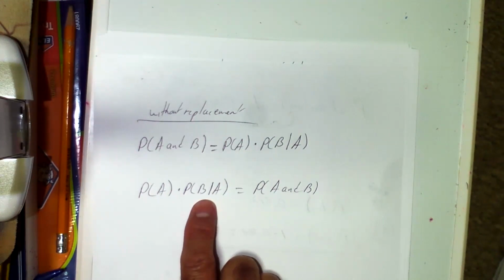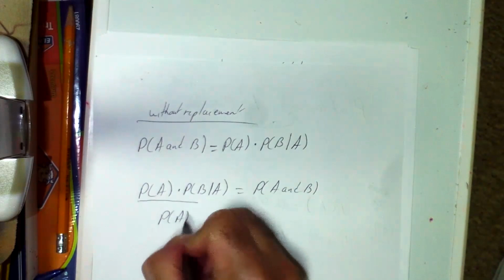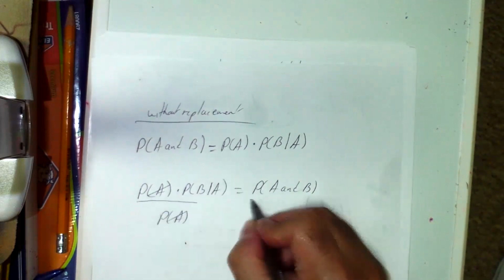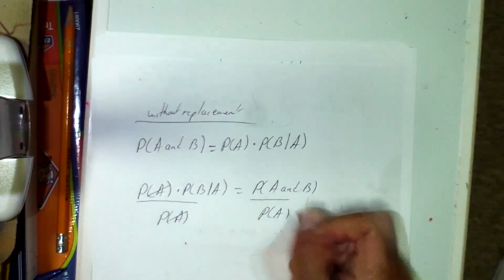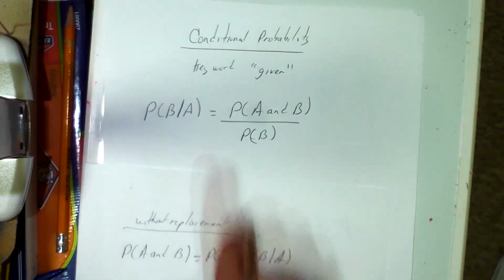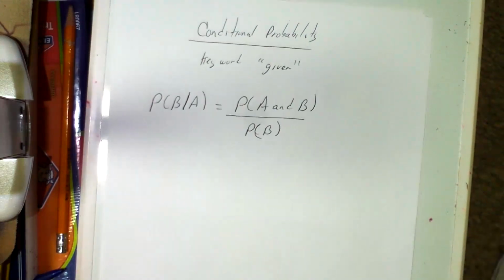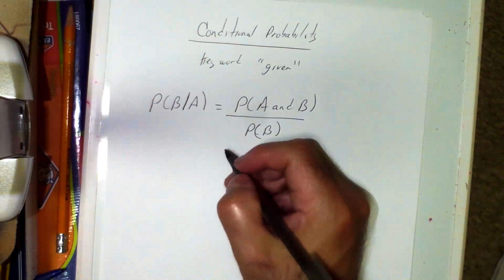They divided both sides by P of A, and that's how they ended up getting that formula. They just did a simple movement of a term. But that's irrelevant. You don't need to know that. This is the formula that we're going to use.